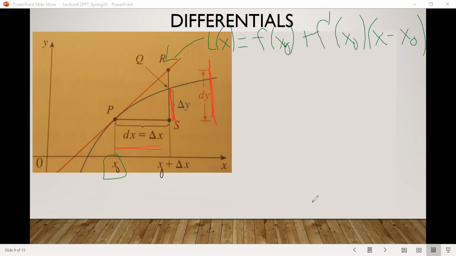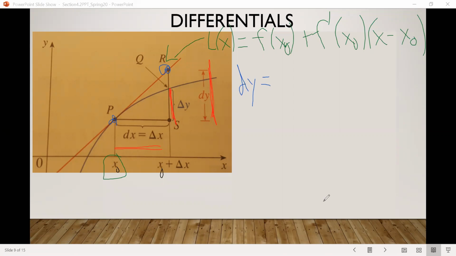All right, so let's use this now to find a value for dy, or a formula for dy. And again, dy is that estimation of the difference in the output values using the tangent line, right? Well, dy is going to be the distance between the output value up here at the point they're calling R and this point down here at P. Well, what's going to be the output value at the point R?